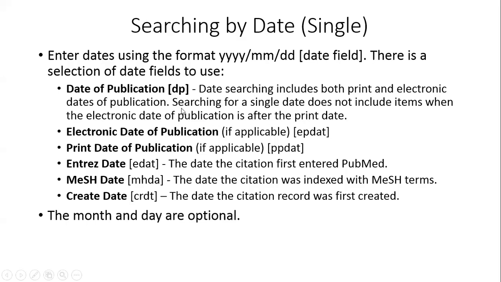Now you can search for a single date, which does not include items when the electronic date of publication is after the print date. Now, the thing is that there can be a time lag between when the article is accepted for publication and published online, and when it gets printed.